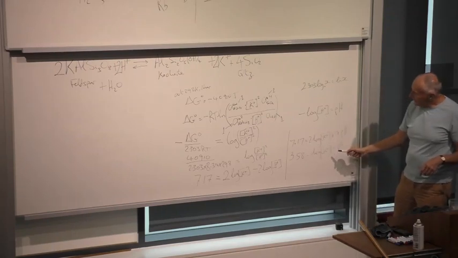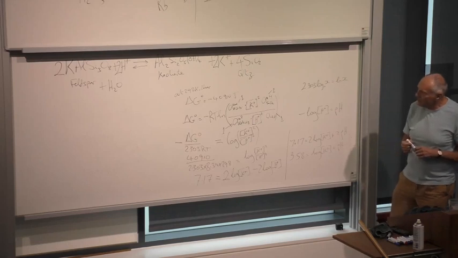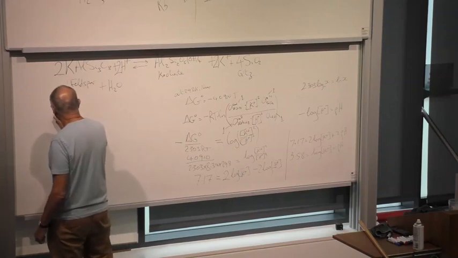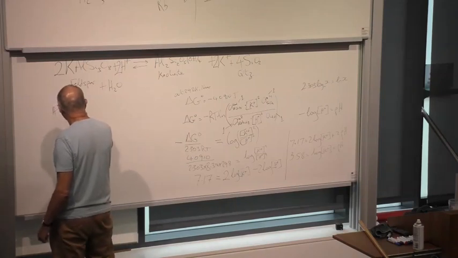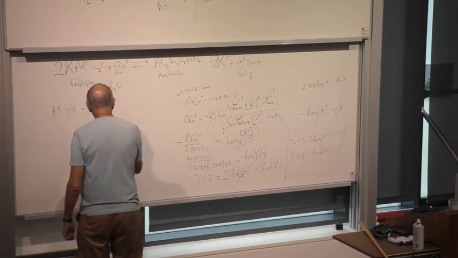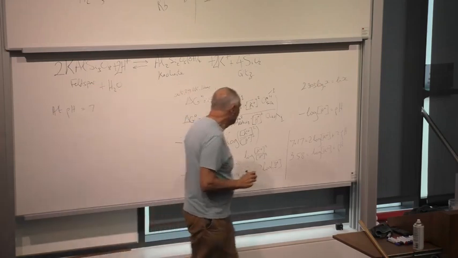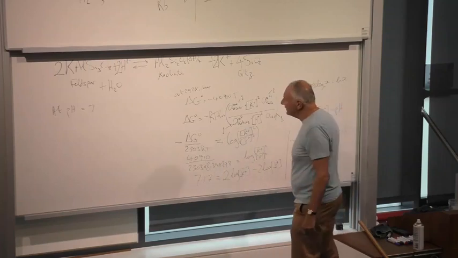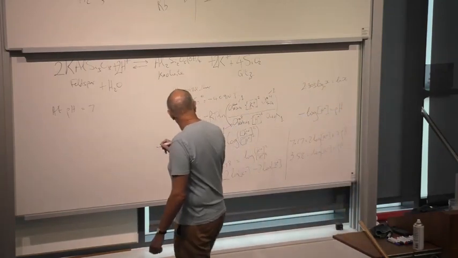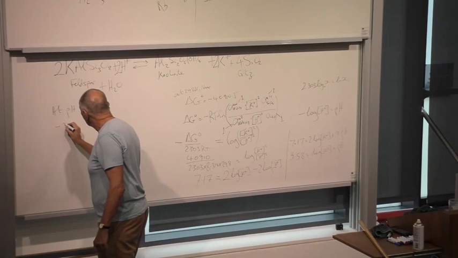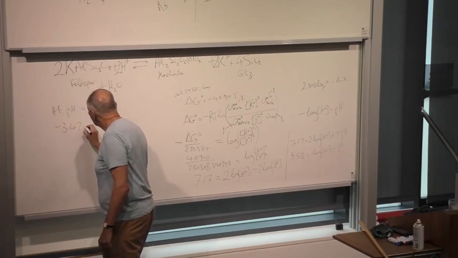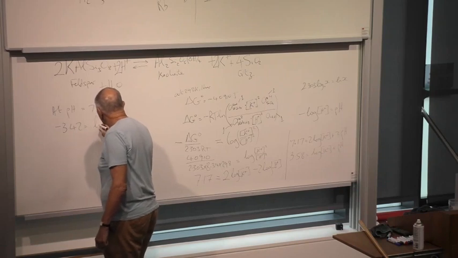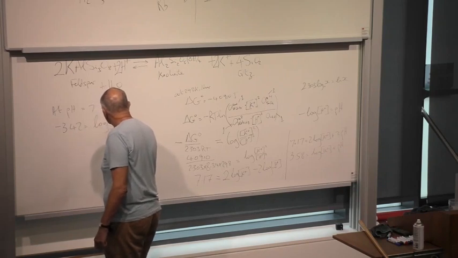3.58 is log K plus pH. So suppose we have pH 7, nice and neutral, which as you recall, that's neutral pH. Bring minus 7 on the other side. It will be minus 3.42 is equal to log K plus.